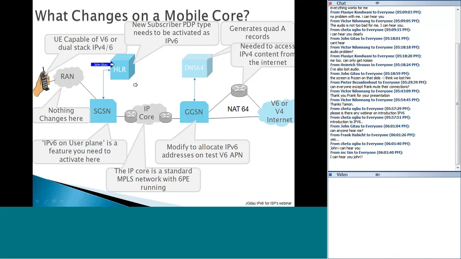On the HLR, you need to create a new subscriber PDP that needs to be activated as IPv6. I have a screenshot of this on the next slide, so don't worry. The IP core here, on the service provider core, there are various ways you can run IPv6.